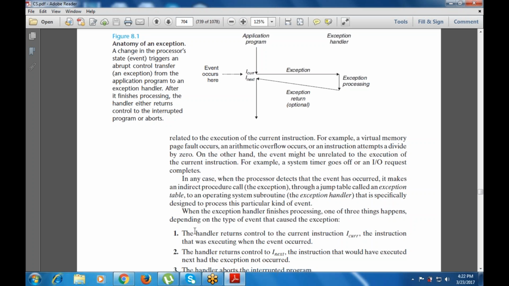Now, when the event handler occurs, there is an application program with the current instruction and the next instruction, then the exception, the optional exception return, and then the exception processing.